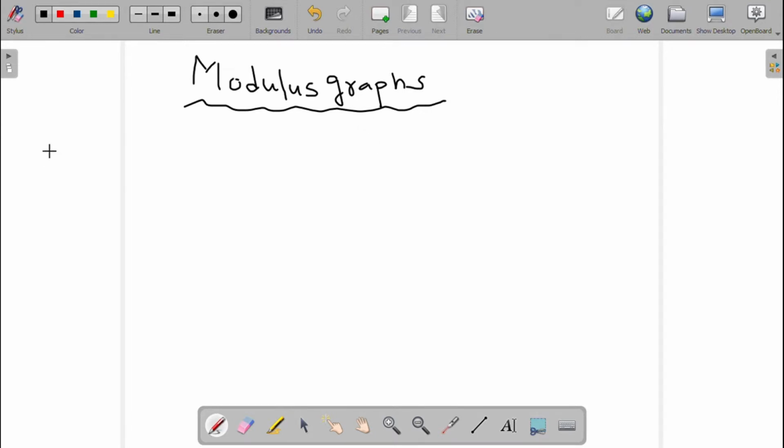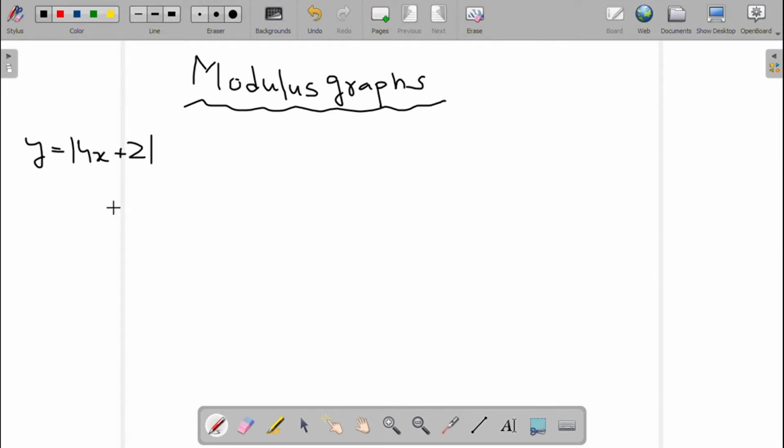Let's say we have: sketch the graph of y equals mod of 4x plus 2. Let me write it a little bit more clearly. Now what we will do is find both the y and x intercepts.